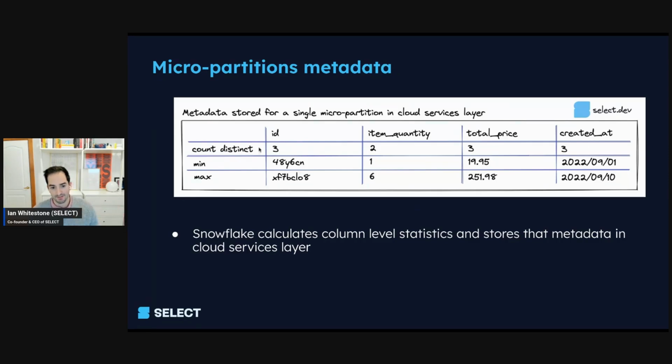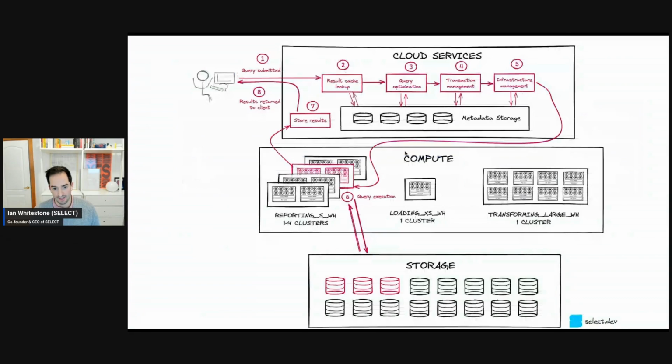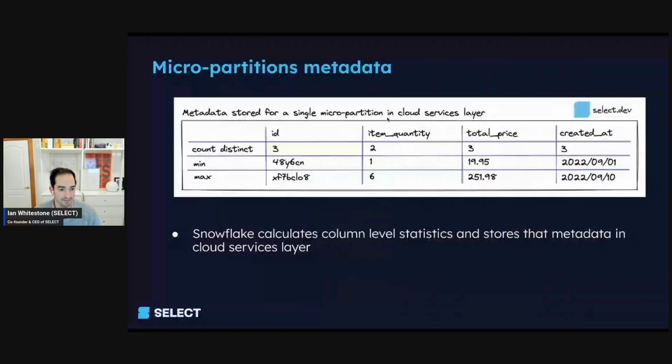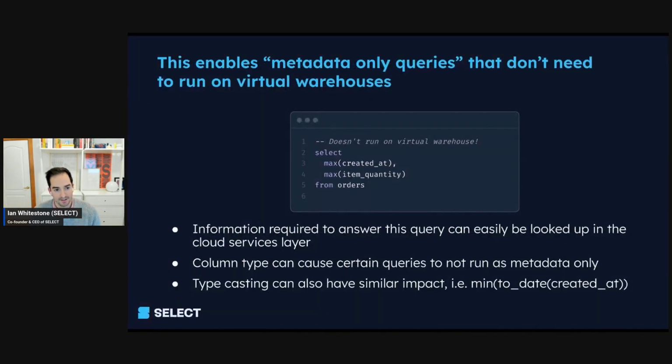So all of this metadata lives in the cloud services layer. This is this metadata storage depiction I've shown. And there's two really interesting things that it does. The first one is it enables metadata only queries in Snowflake that don't need to run in a virtual warehouse.